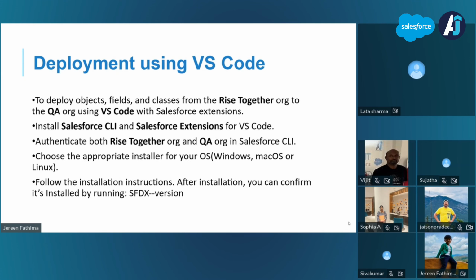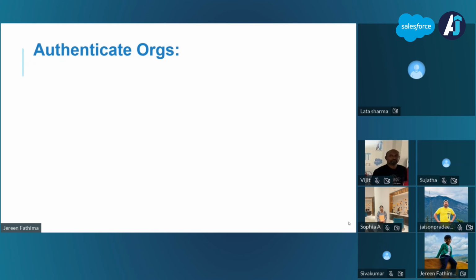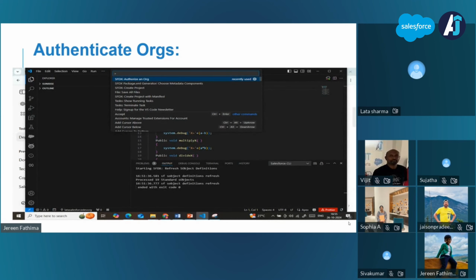First we will install the Salesforce CLI or Salesforce extension in our VS Code. This is a helping extension. We will use this and then authenticate both orgs, our common org and the QA org. First we will authenticate our org.